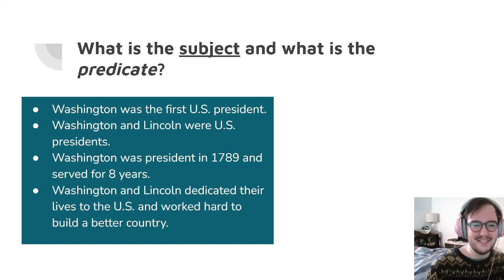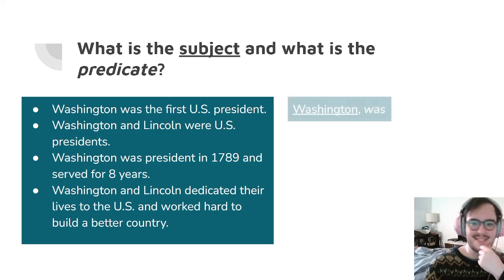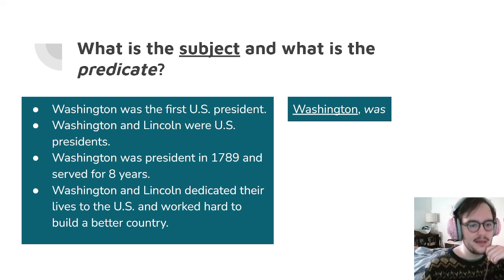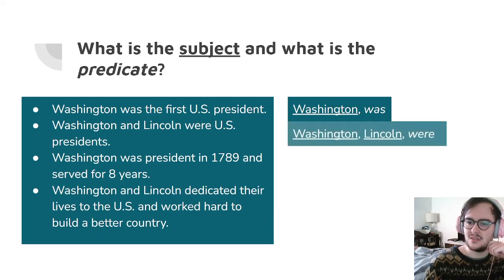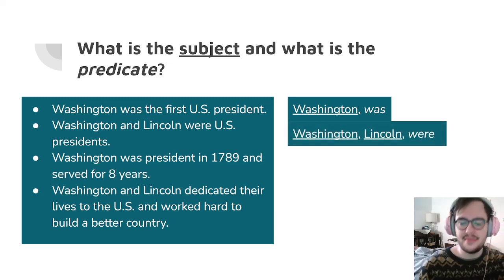So Washington was the first U.S. president. The subject is Washington. The predicate is was. Washington and Lincoln were U.S. presidents. The subject is Washington and Lincoln, and the verb or the predicate is were. They were.